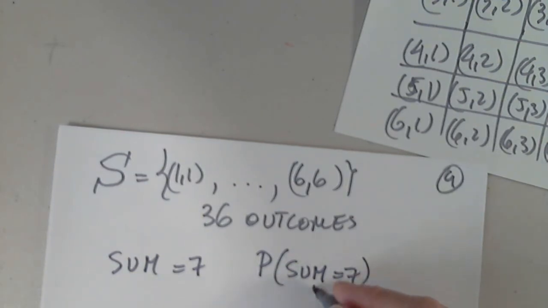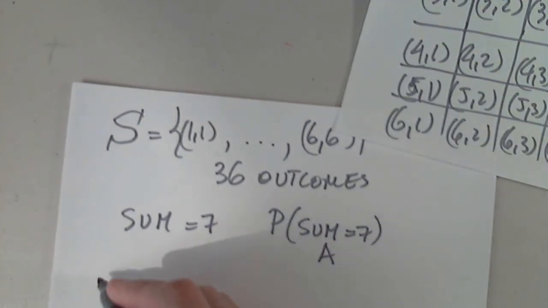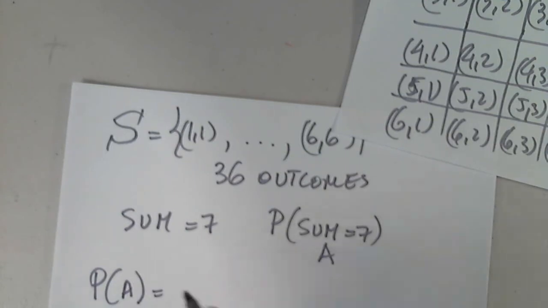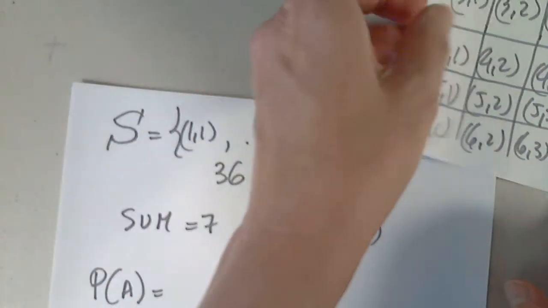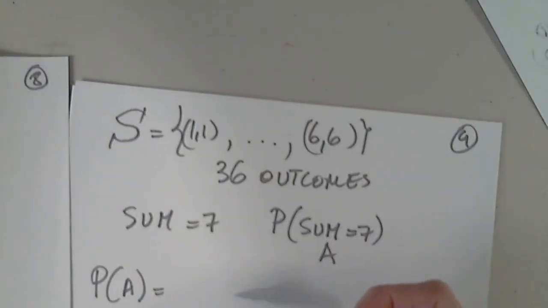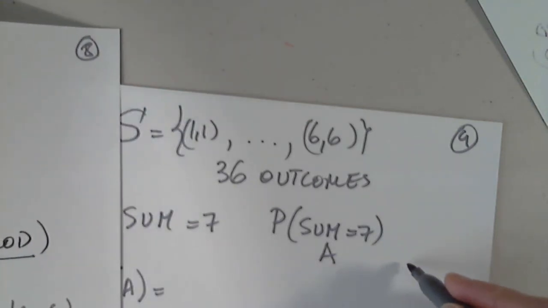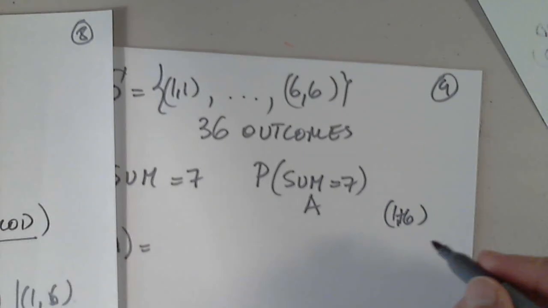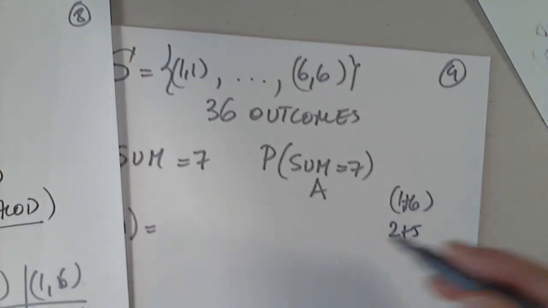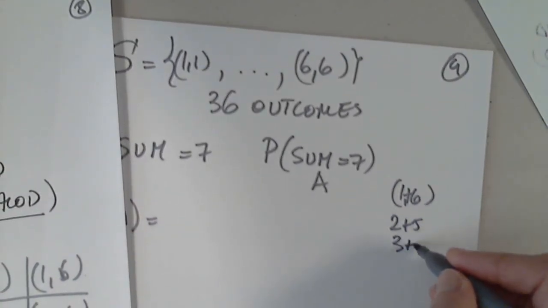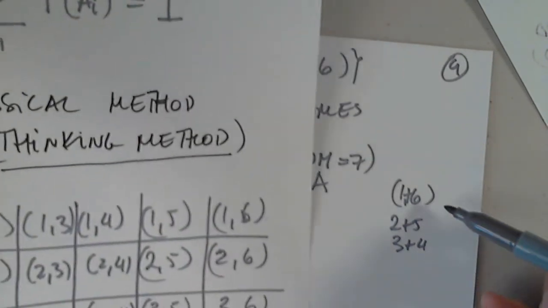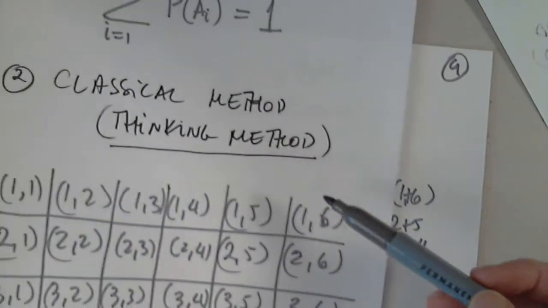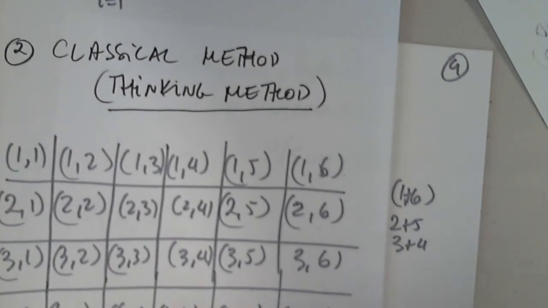You can call this event A. In short, the probability of A. First of all, how can I get a 7? I can get a 7 from 1 plus 6. I can get a 7 from 2 plus 5 or 5 plus 2. I can get 3 plus 4 or 4 plus 3. So how many options do I have for 1 plus 6 or 6 plus 1? I have 2.